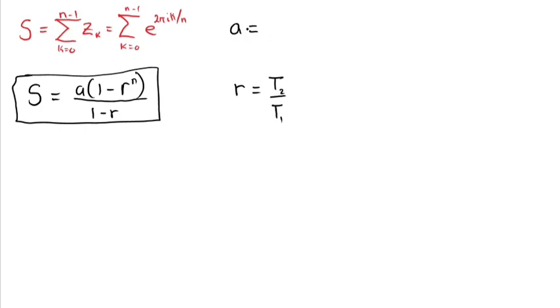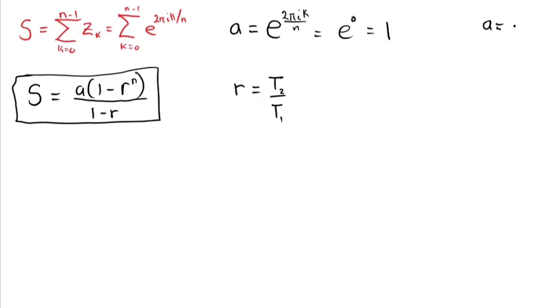So let's start by finding the first term. The expression that we've been given is e raised to the power 2 pi ik over n. Remember, since it's the first term, our k value is 0. So this will be e raised to the power 0, meaning that our first term is 1.